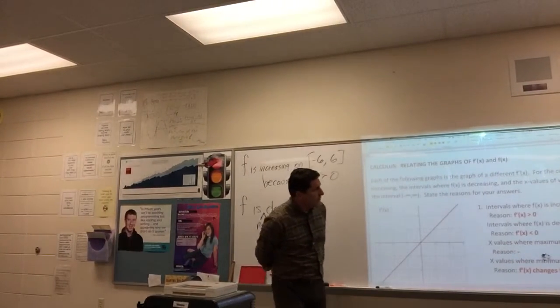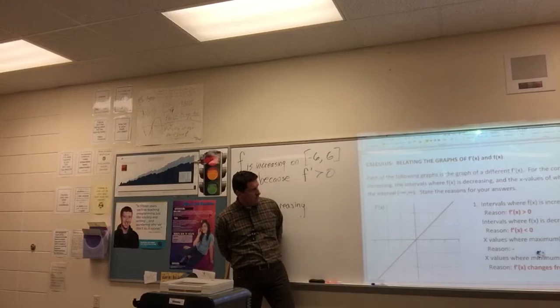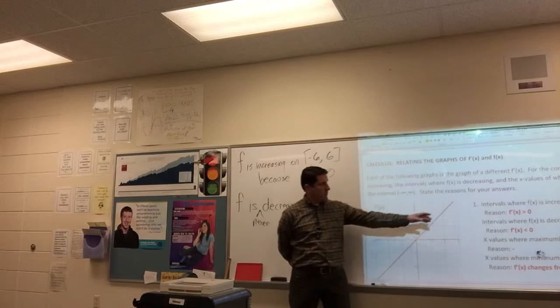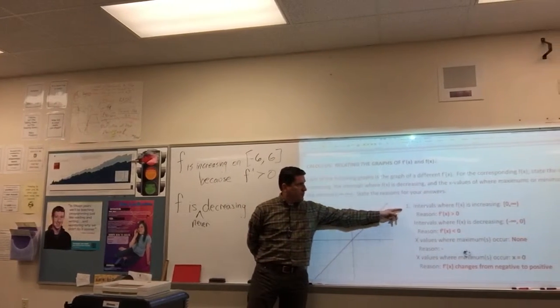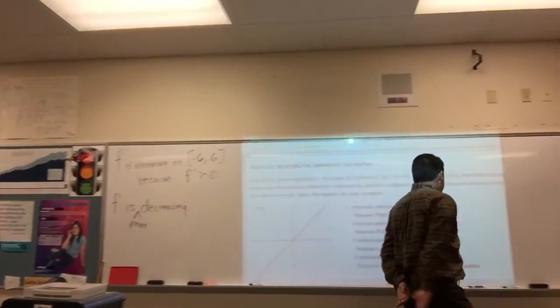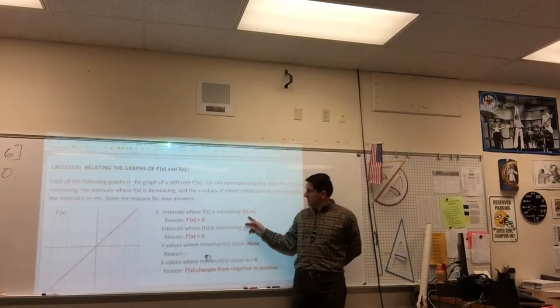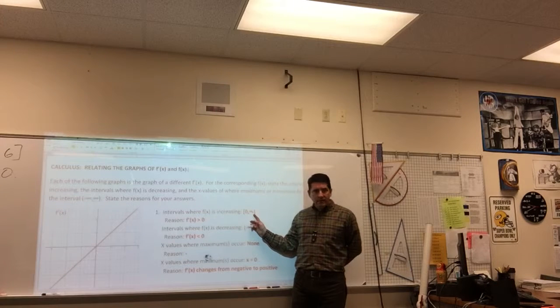Okay, we're going to notice the notation. The notation is big. So problem number 1. Intervals where f of x is increasing, you would say the interval from 0 to infinity. There's a bracket on the 0. Infinity always gets a parenthesis because we can't include it, because it's not a number.